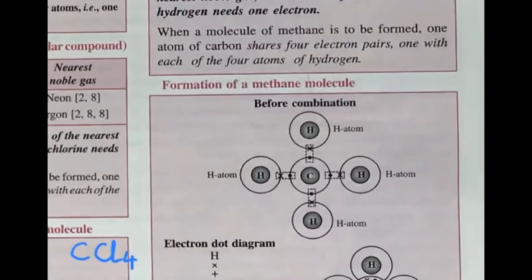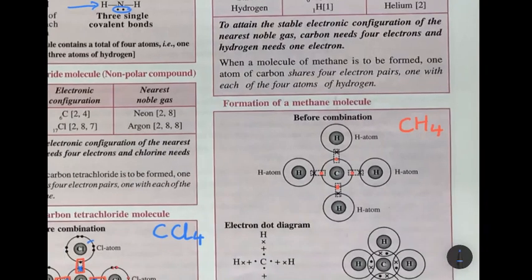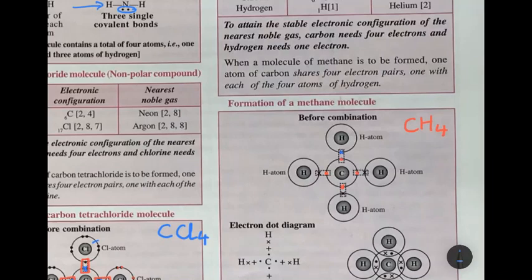Next we come to methane. You know the formula of methane is CH4. Carbon has 4 electrons, 1, 2, 3, 4 electrons in its outermost orbit. Okay, and you know that hydrogen has 1, 1, 1, 1.